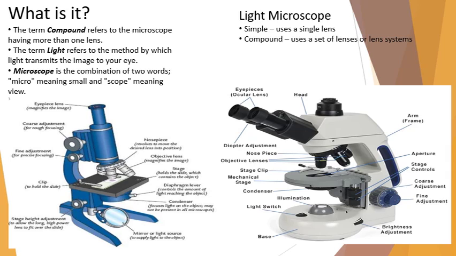We have two types of microscope, simple and compound. In a simple microscope we use a single lens, while in a compound microscope we use a set of lenses or lens system. This is the main discrimination between simple and compound microscope.